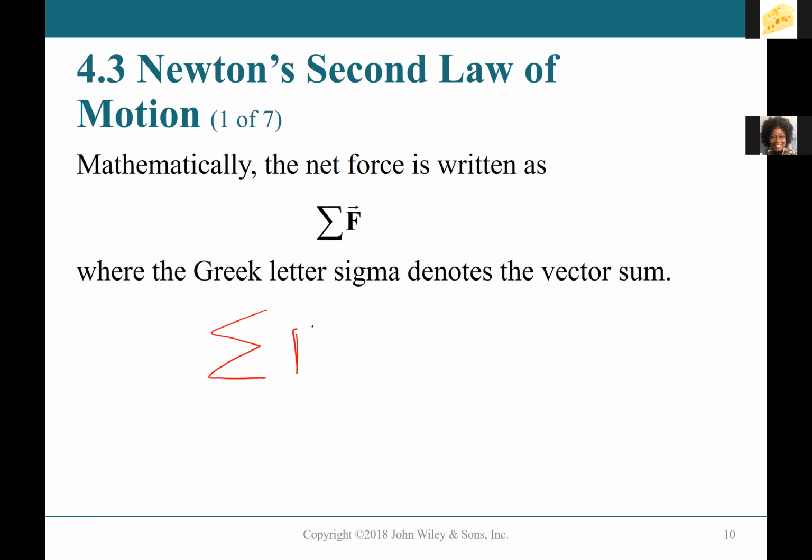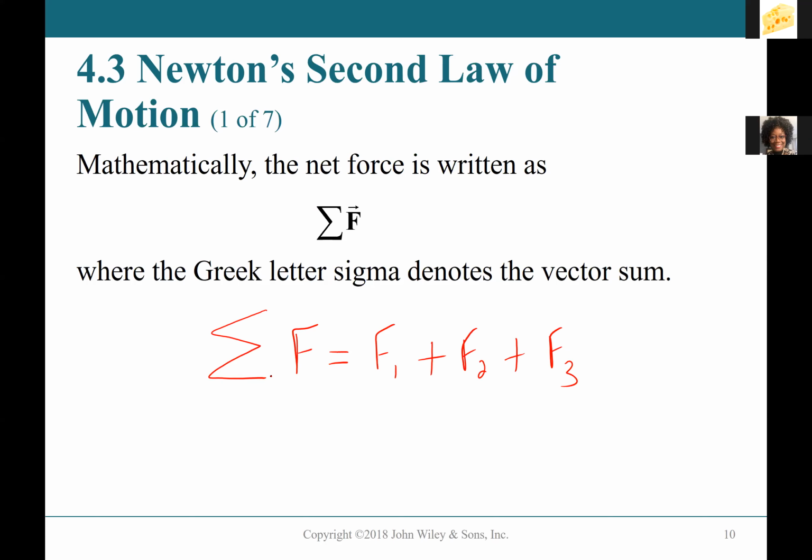Sigma means I'm going to add up all the forces: the first force plus the second force plus the third force. So sigma is the Greek letter that simply means the vector sum.